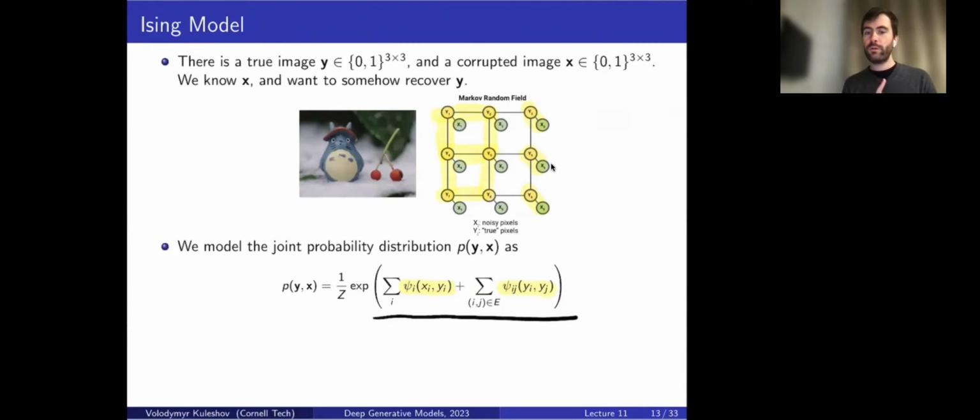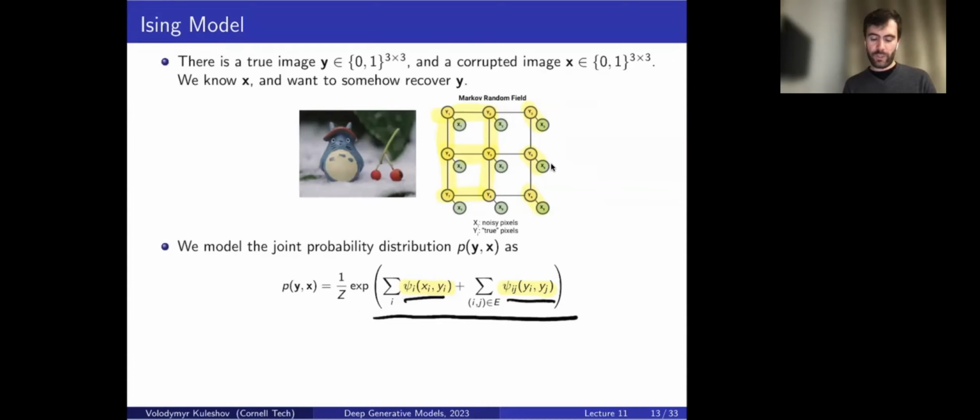Okay, so I have these two sets of terms, and each of these psi i and psi ij is just some function. It gives me a score. Ultimately, a good model with this form assigns a certain type of score. Here it assigns the lowest, because low energies, or low values of this function, are good. They mean we have high probability. So when y and x are similar to each other, this term will be low and it will be high when they're different.